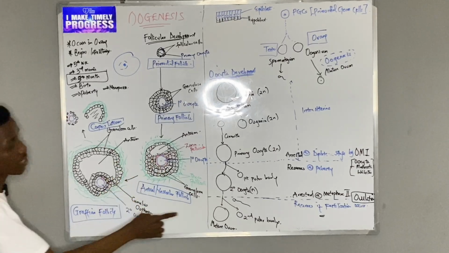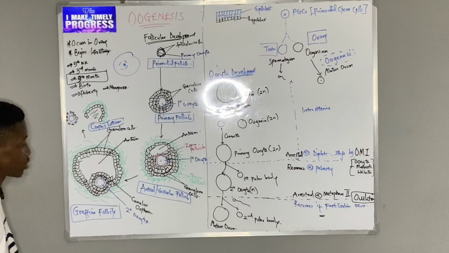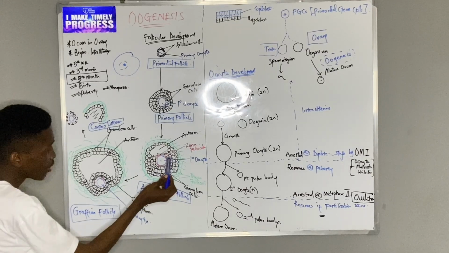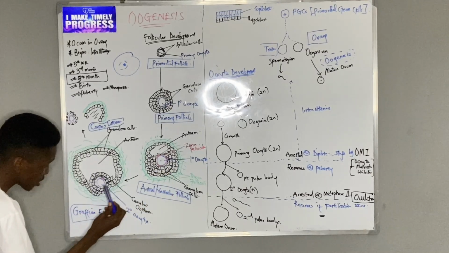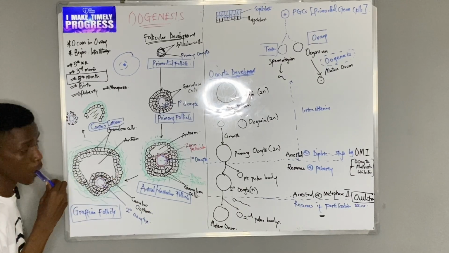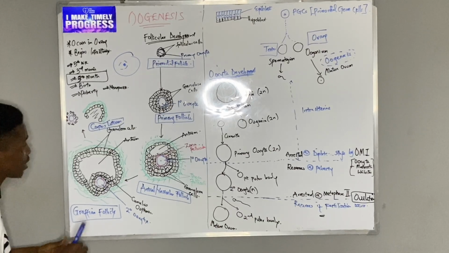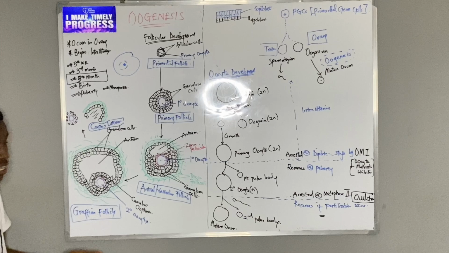So I am completing meiosis 1 at this point. Now, the granulosa cells that surround the secondary oocyte are called cumulus oophorus. All right, so I think that is just that. Every other thing stays as we know.